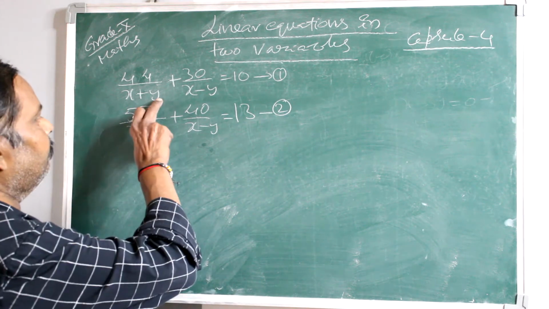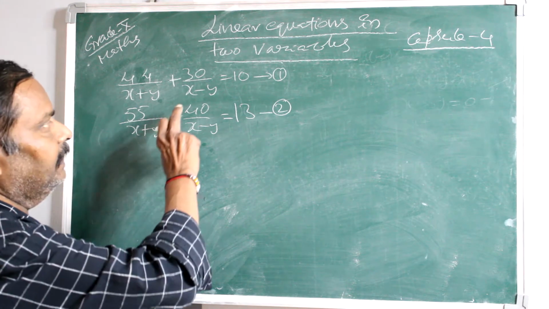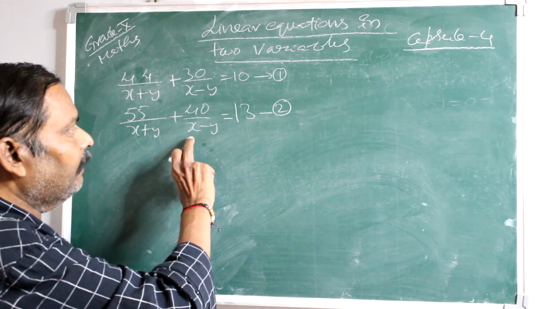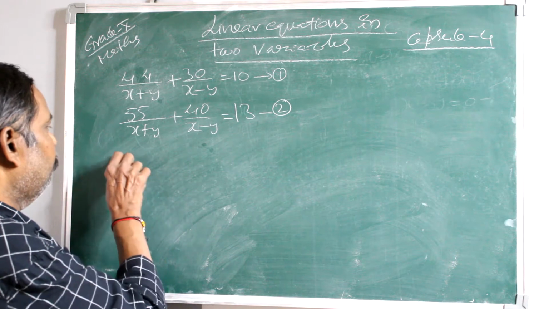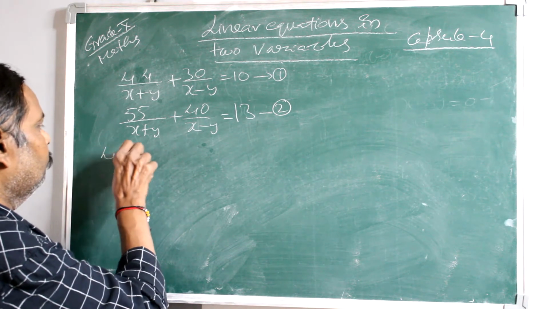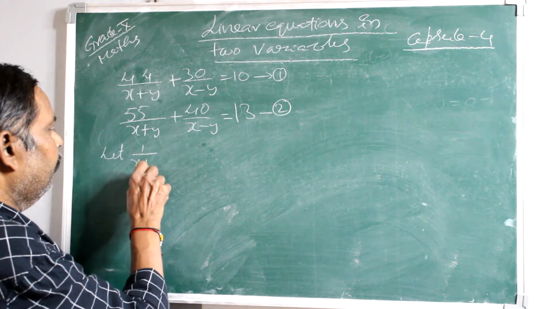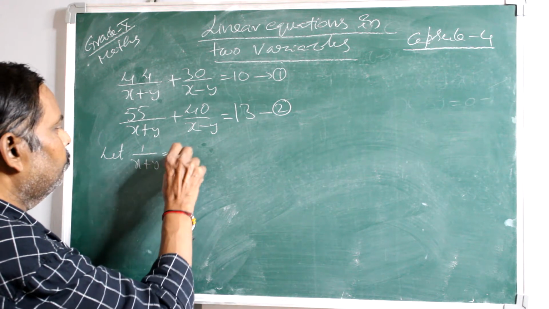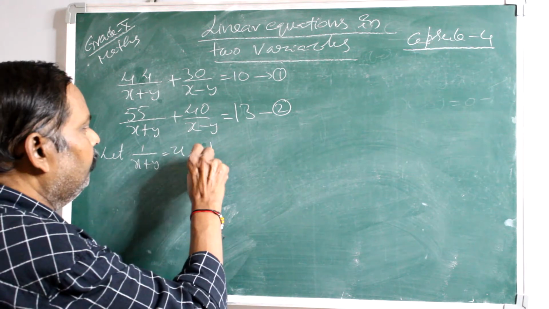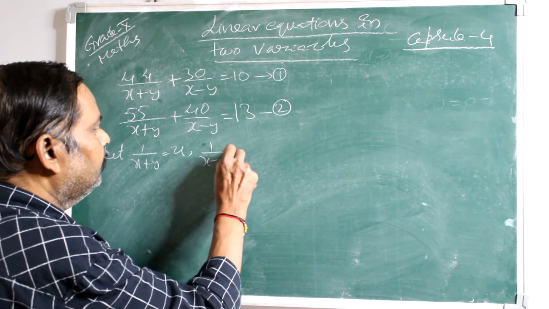Here the denominator is x plus y, here also the denominator is x plus y. Here the denominator is x minus y, here the denominator is x minus y. So let 1 by x plus y be equal to u and 1 by x minus y be equal to v.